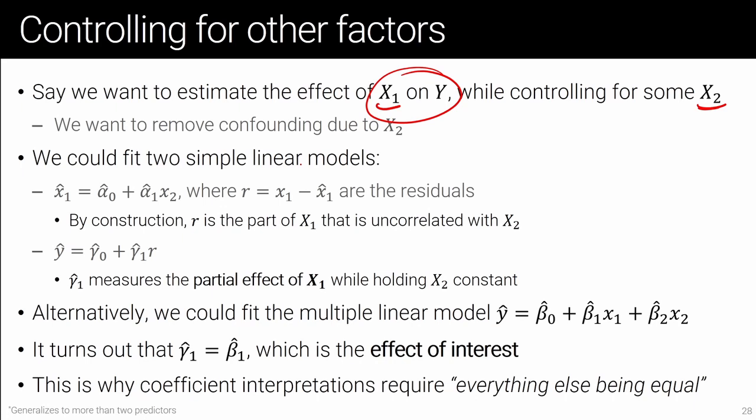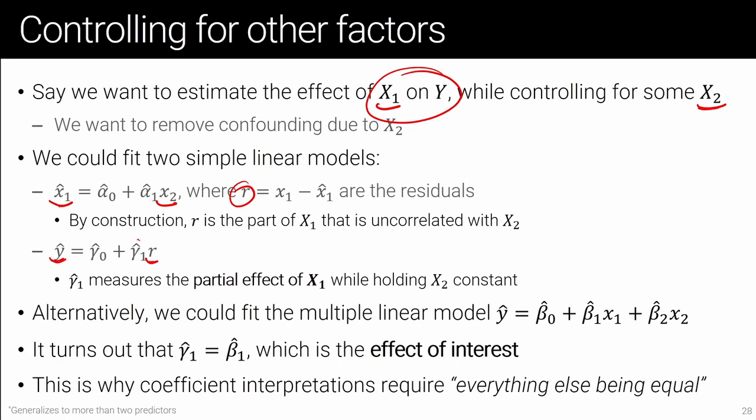The first one would be about estimating x1 based on x2. The residual of this model, let's call it R, would be the difference between the true x1 and the estimated x1. So by construction, these residuals are the part of x1 that is uncorrelated with x2. And then we can get those residuals and use them in a second model to try and estimate the response.